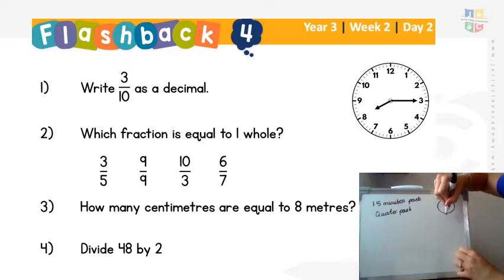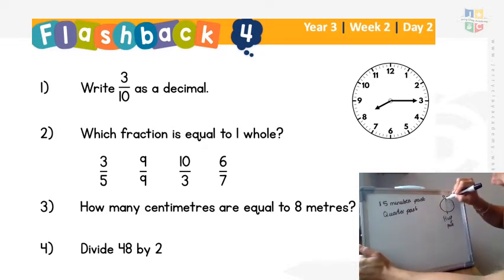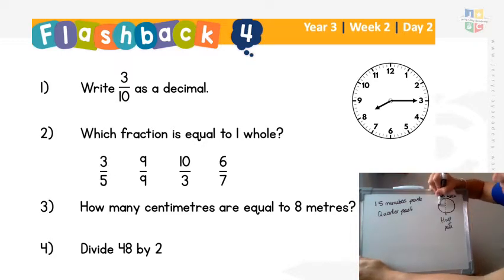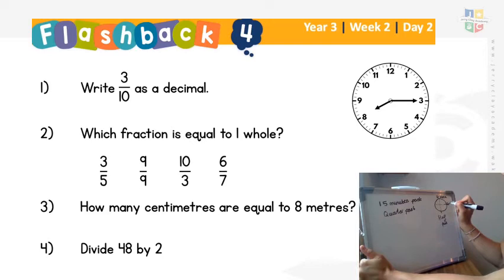If my minute hand gets to the bottom here, it will be half past. Because it's like you have chopped your pizza or your cake in half, and then if I cut it in half again into quarters, here would be quarter.